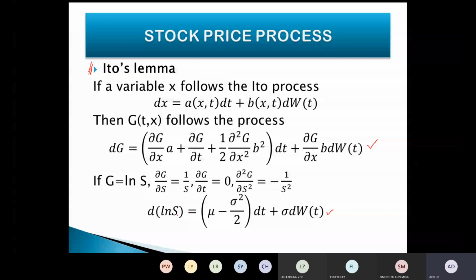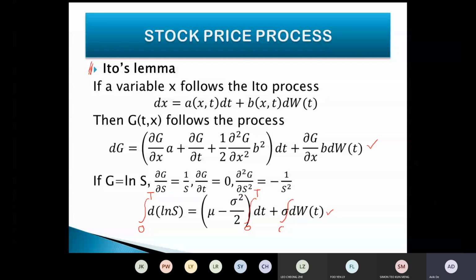So now if you try to integrate this thing, you have log S, integration 0 to capital T. This one also is integration 0 to capital T, and this one also integration 0 to capital T. So you have something like this.